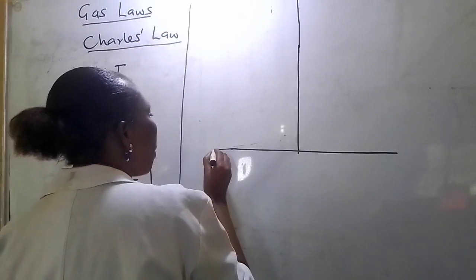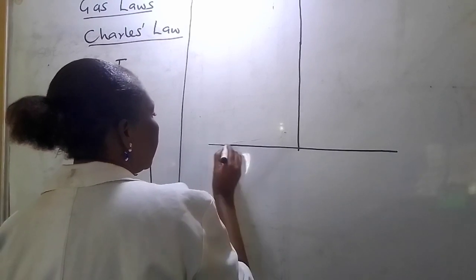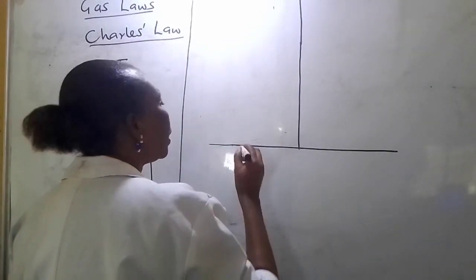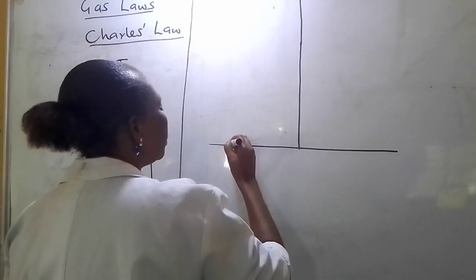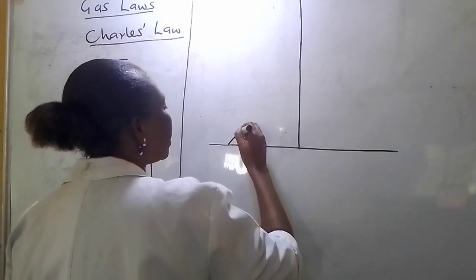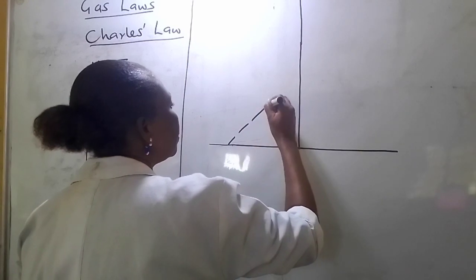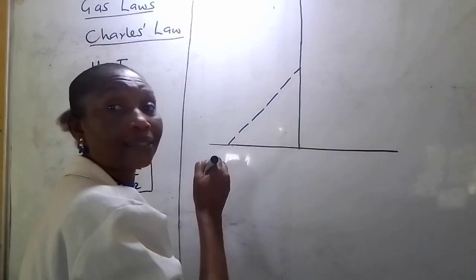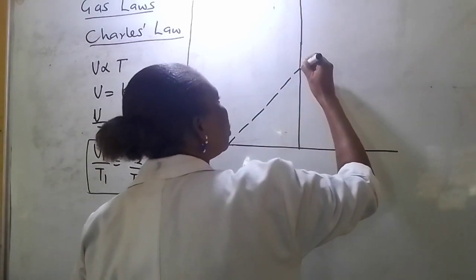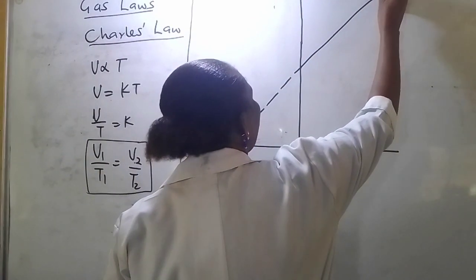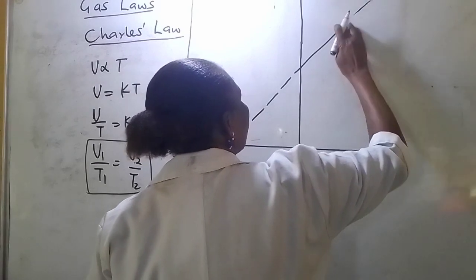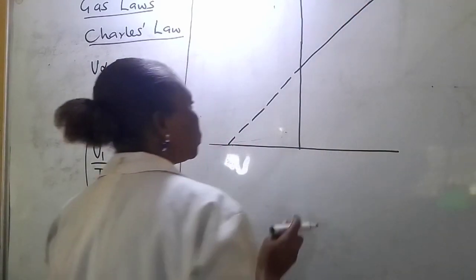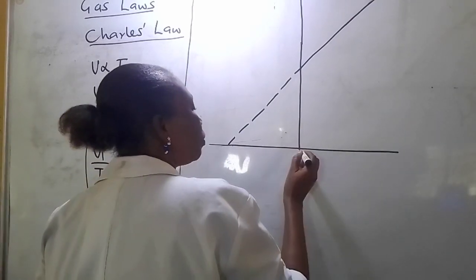And then from any point on the x-axis, with a dotted line, move up and let it meet the y-axis. And then from the y-axis, you continue with a straight line. That's Charles law.